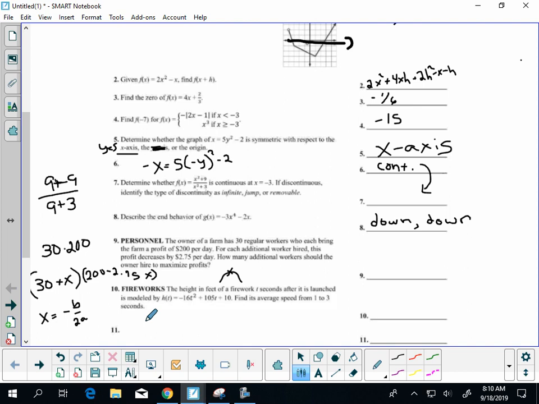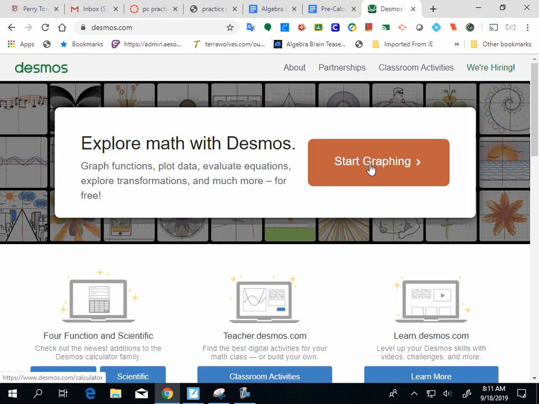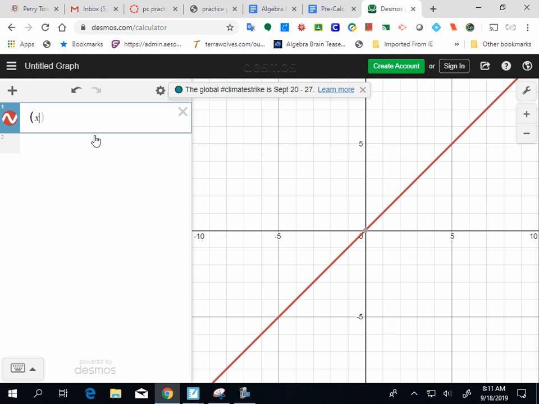So for time reasons, I'm going to go ahead and put this into Desmos. That was x plus, let's go with 300 plus x, and nope, it was 30, and then 200 minus 2.75x.